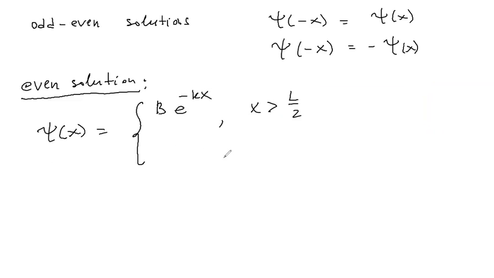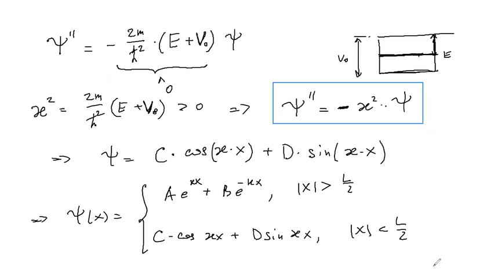Then what if you're inside the potential well, and you're talking about even functions, which are symmetric functions? Can you keep both of these terms or only one? It has to be the first one, because the cos function is an even function. The sine function you would keep for the second type of solution, the anti-symmetric solution.